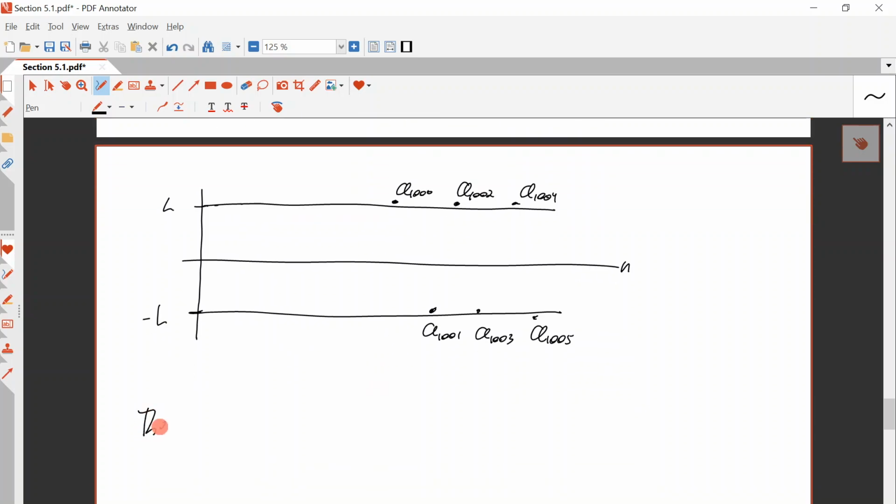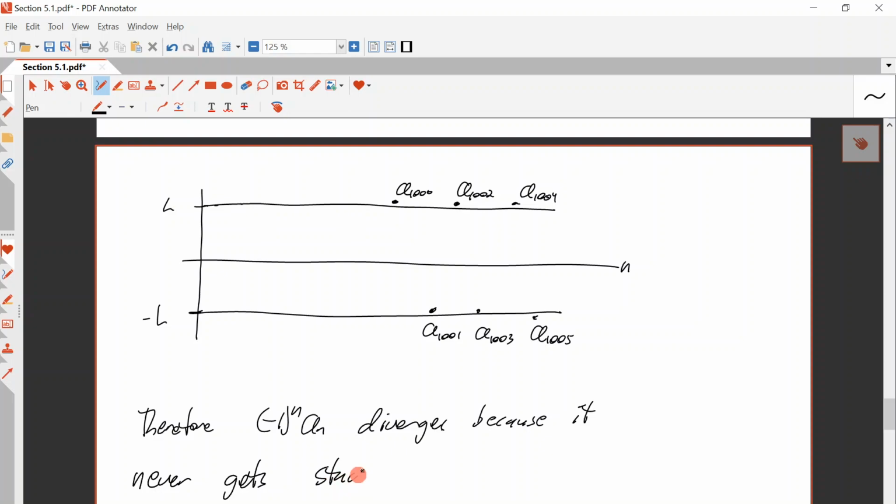Okay, so therefore, it does not converge, or diverges, because it never gets close to one limit. Okay, it can't have two limits. It's got to have one limit.